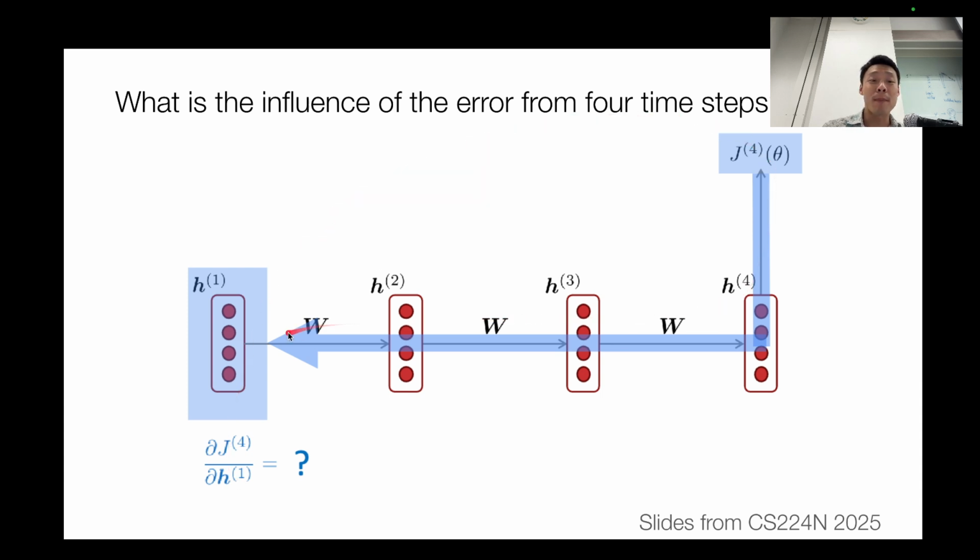It has to propagate back all the way back to the first time step, because in order to predict the next word right here, this is your computation graph, right? So you need to compute the gradient between these, compute the gradient of this, compute the gradient of this, and compute the gradient of this, right? To get the partial of the loss with respect to the first time step.